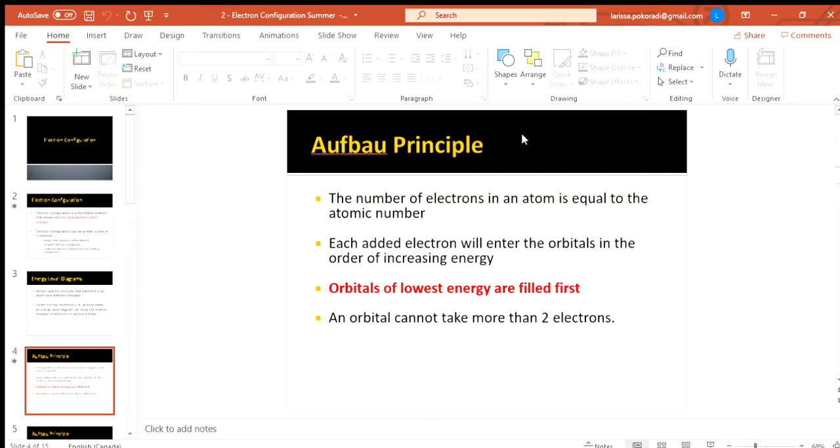We can't just start filling an orbital at the 2p level without first filling up the 1s and the 2s. So that's what Aufbau means to us. We're always going to add electrons in increasing energy levels, still making sure that each orbital gets 2 electrons total before we move to the next.